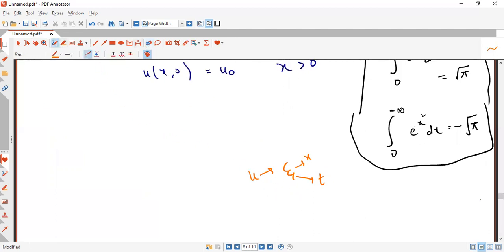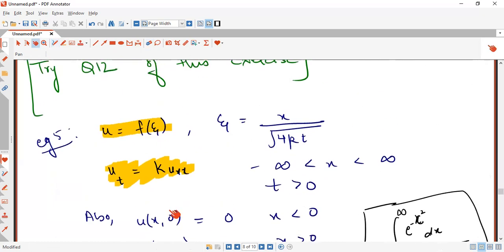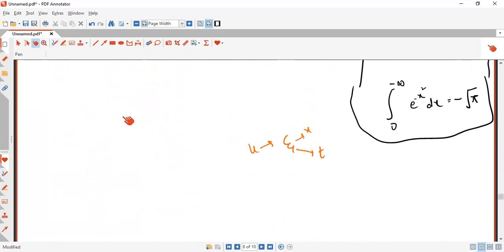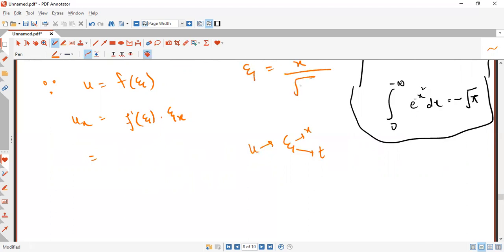Sorry, my bad. Alright, so ux is what? Because u is f of xi, you'll differentiate this f of xi with respect to x, so f dash of xi into xi x. And what is xi? X upon root 4 kt. You have to differentiate it with respect to x. So it will become 1 upon root 4 kt. Right?